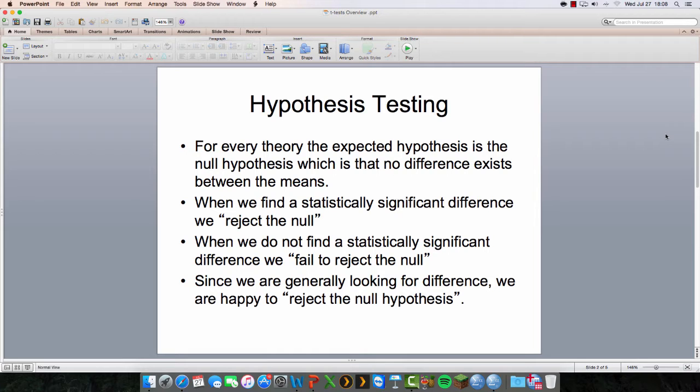You want to avoid phrasing that says that you accept the alternative, right? You either reject the null or fail to reject the null. It's just the method by which it's done. It's the principle of falsification at work. And since we're generally looking for these differences, we're happy to reject the null. Rejection in this case is a good thing, right?